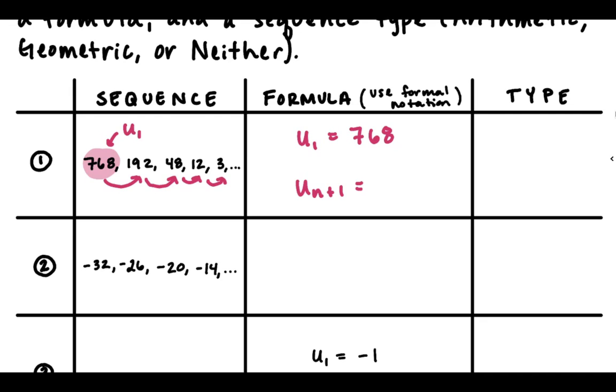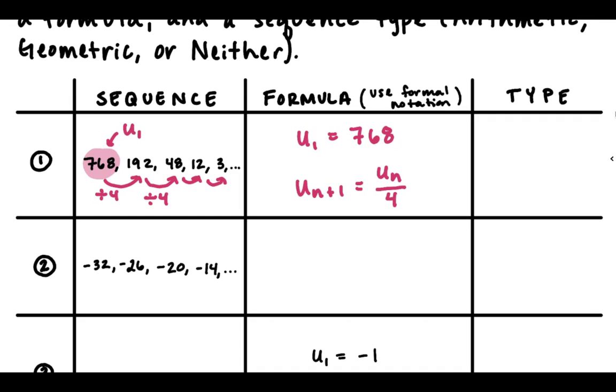There are two ways we could represent that. We could do it as dividing by 4, or we could do it as times 1/4. I've typically been doing this as times 1/4, but I'll show you both ways to write it. If you want to do it as divide by 4, you could say that the next is the current over 4.